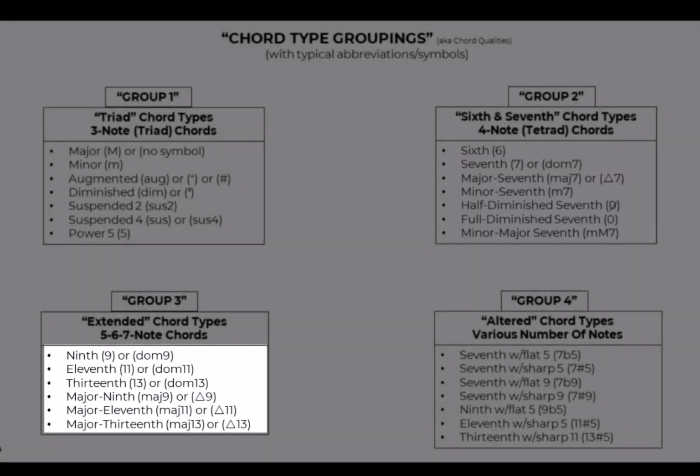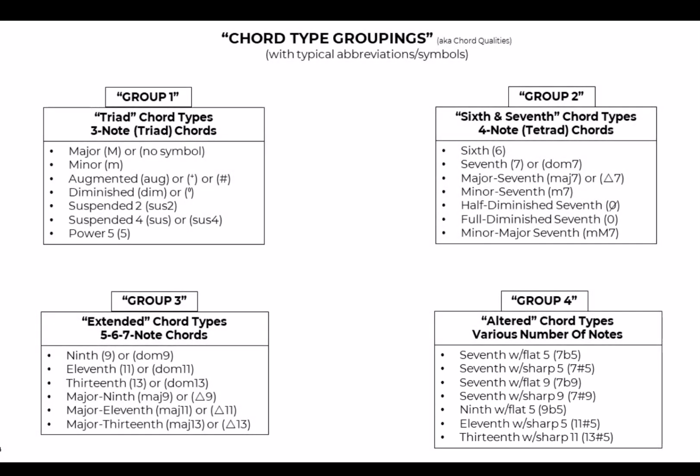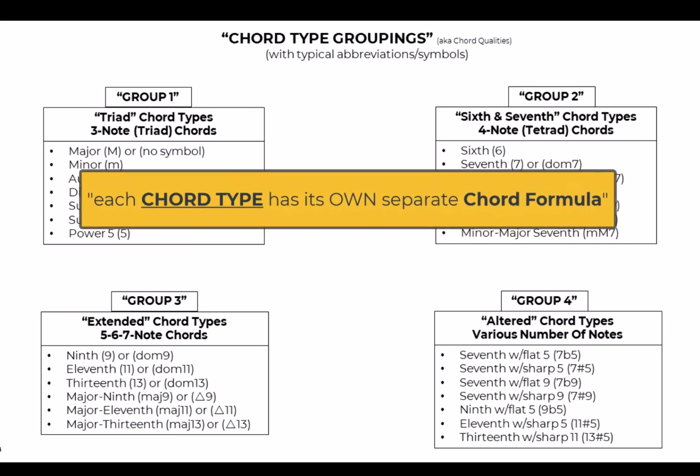These chord types are distinguished from one another because each type has its own unique set of note interval distances, although some intervals only vary by 1 semitone. That's really another way to say each chord type distinguishes itself because it's got its own separate chord formula.